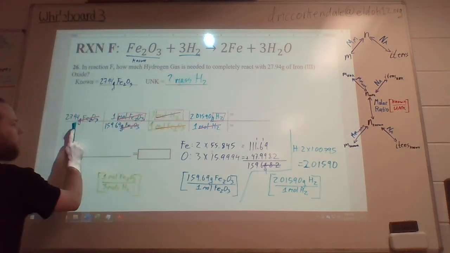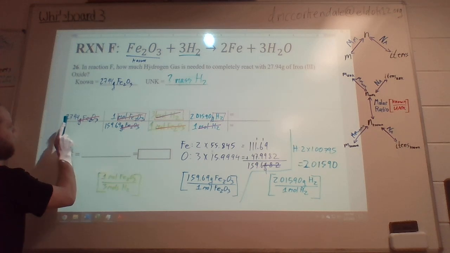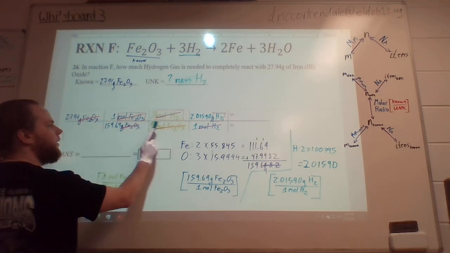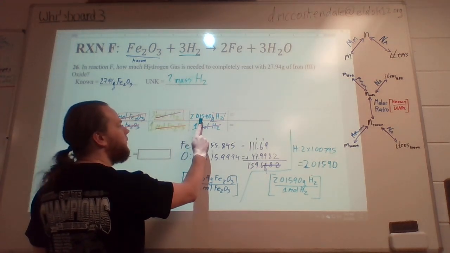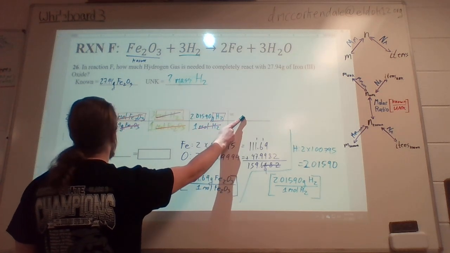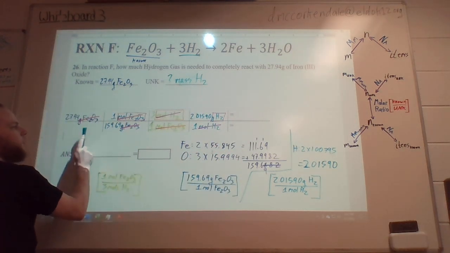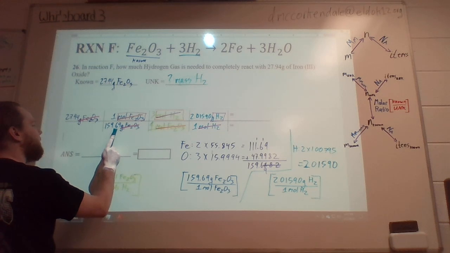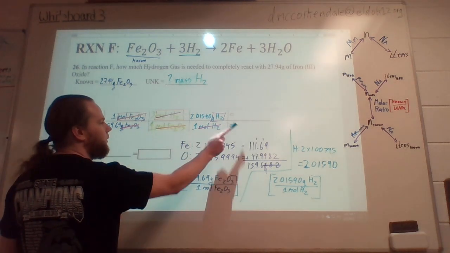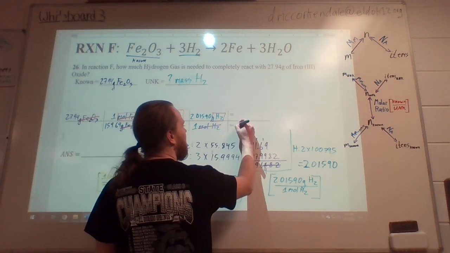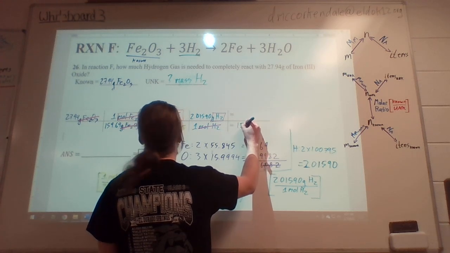So let's solve this thing. To solve it, we multiply just like we have been, 27.94 times 1 times 3 times 2.0159. That will give us our numerator, and then across the bottom, 1 times 159.69 times 1 makes the denominator actually really easy. So I'm going to do that one now.